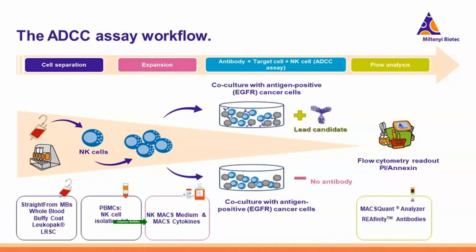The NK MACS medium is really great because it helps your NK cells not get exhausted, which sometimes happens in NK cell culture, but with the NK MACS medium this is really not happening. And then for the readout, you of course have a lot of REAfinity antibodies and the MACSQuant Analyzer, where you can analyze the readout of your killing assays in the ADCC. And with the MACSQuant X, this can also be done in an automated way, really nicely.